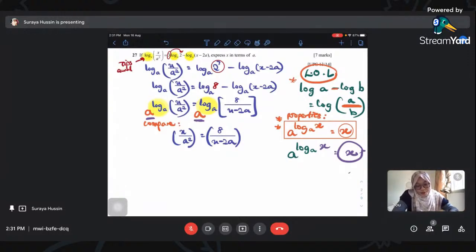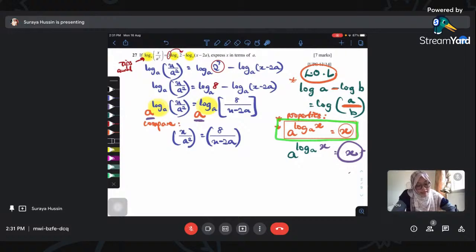Sorry if I confuse you, but do you understand konsep yang saya tengah cuba explain dekat sini? Do you understand why and how do we get this X? Saya tak boleh ajar yang cut-cut ni, sebab saya takut pemeriksa exam, dia marah kalau kita buat cut-cut ni.